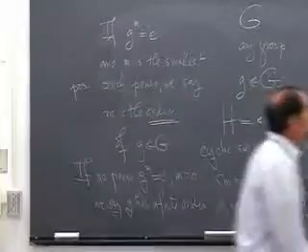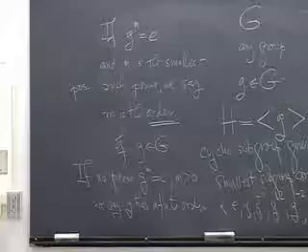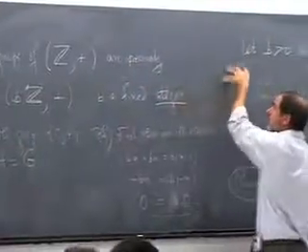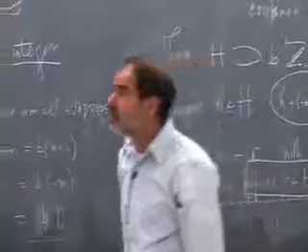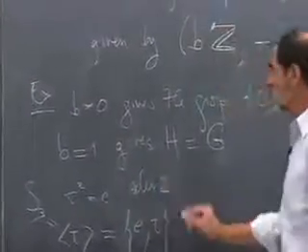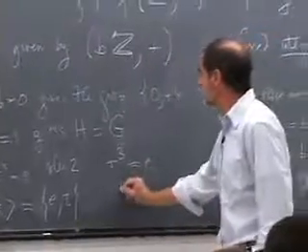So the elements in Z all have infinite order, except for 0, which has order 1. Once you get to a positive integer, no matter how many times you add it to itself, you never get back to the identity because you keep marching out. But in the symmetric group on 3 letters, we find that this tau has order 2. Someone has a phone call. And then we find that sigma, if you cube it, you get the identity, so it has order 3.